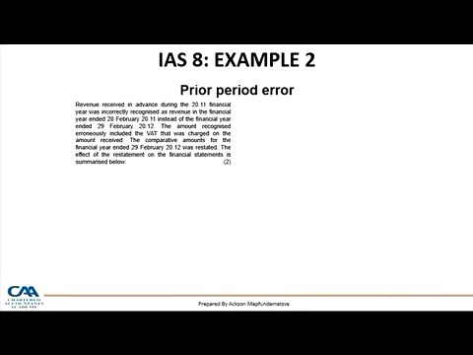Once you're done with what happened, what should have happened, and the correcting journal entries, the first thing that you do in your prior period error note is stating the nature of the error.